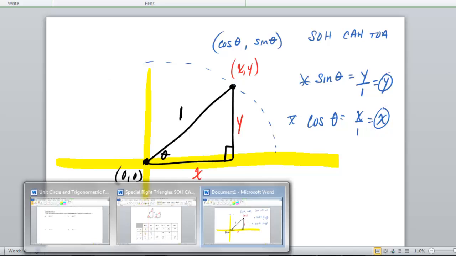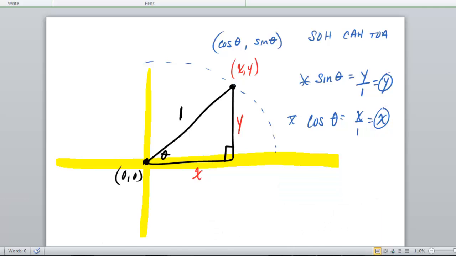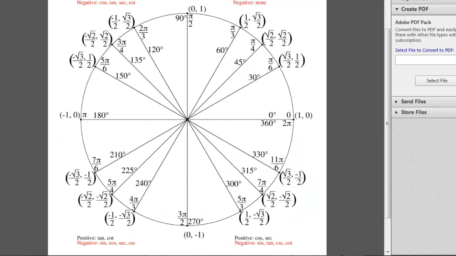Now, whenever we get into actually working with the unit circle, we will look at something that looks like this, where you have to fill in the different ordered pairs for the given angles. And so you can see that at 30 degrees it gives us a certain ordered pair.